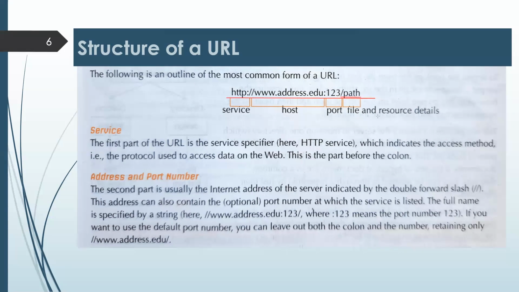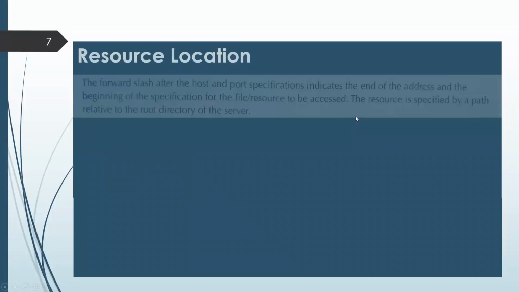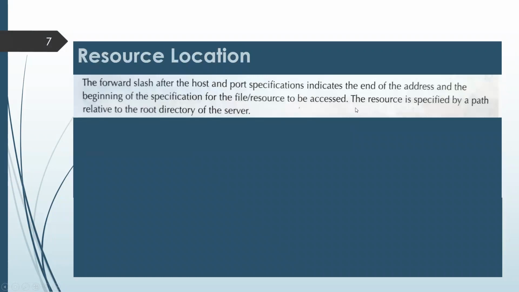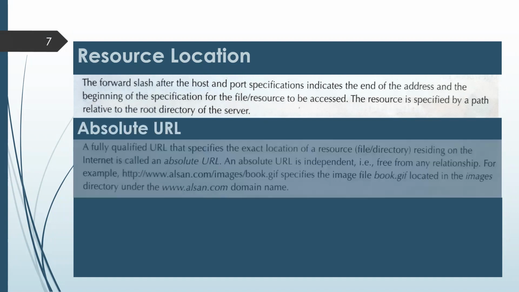And in that last address you will find the file or resource or the data of your document. Got the point? Okay, so this resource location is completed. Service, host, port, and file and resource location data, from where we'll get it. Next is absolute URL.